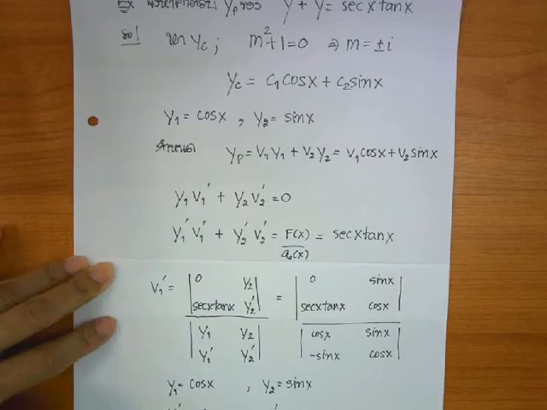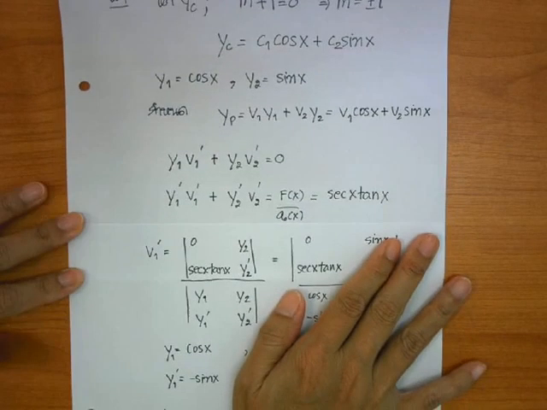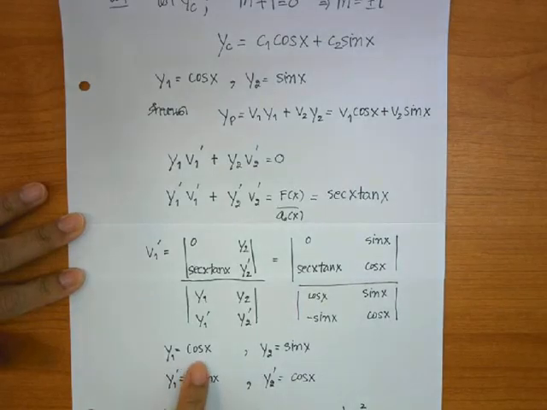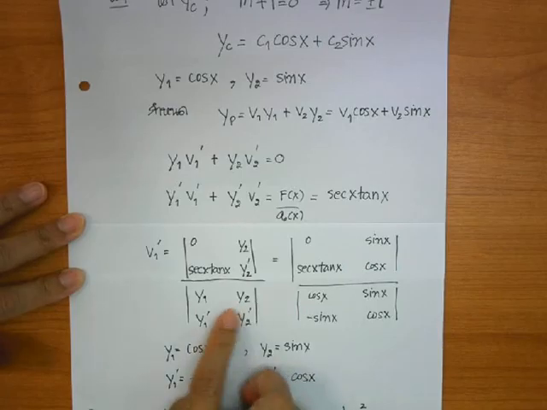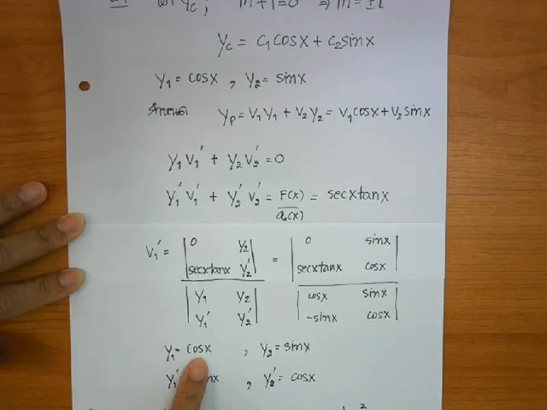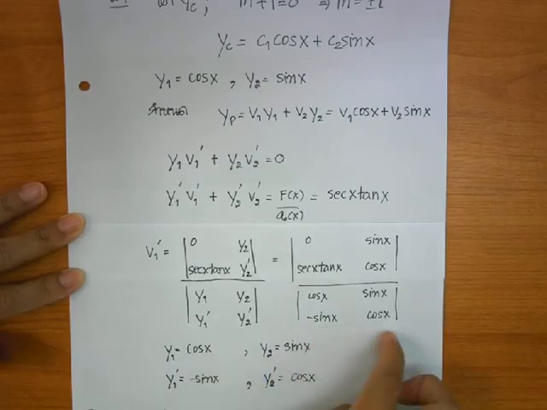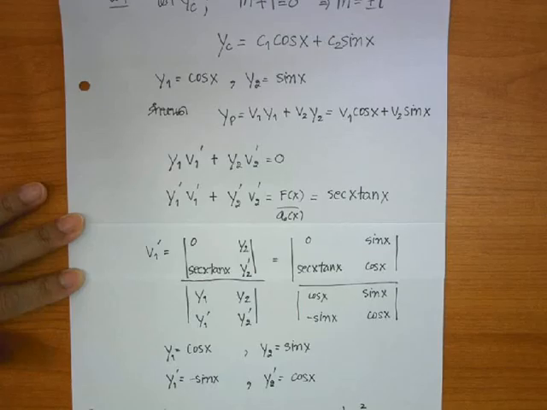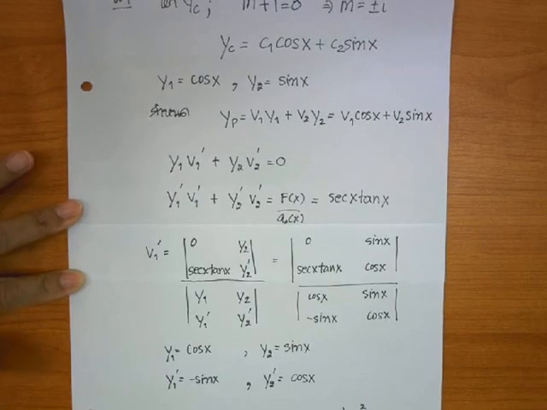Because you know that your y1 is equal to cos x and your y2 is equal to sin x, here they need the first derivative of y1. The first derivative of cos x is equal to minus sin x, and the first derivative of sin x is equal to cos x, and then you just plug the functions in there. And then you find the determinant.